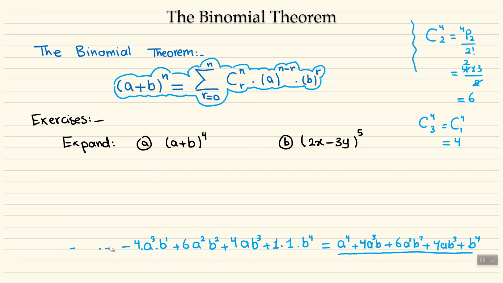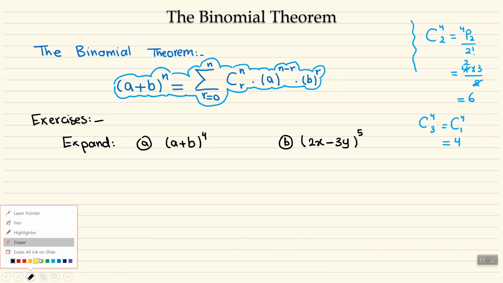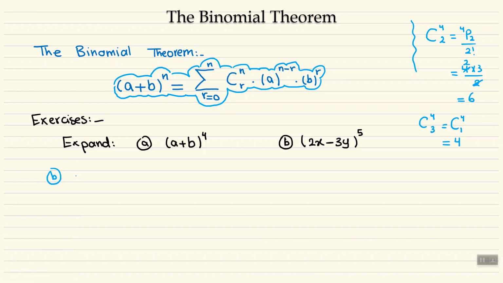Just erase this. Okay, for question B, we have 2x minus 3y all to the power of 5.